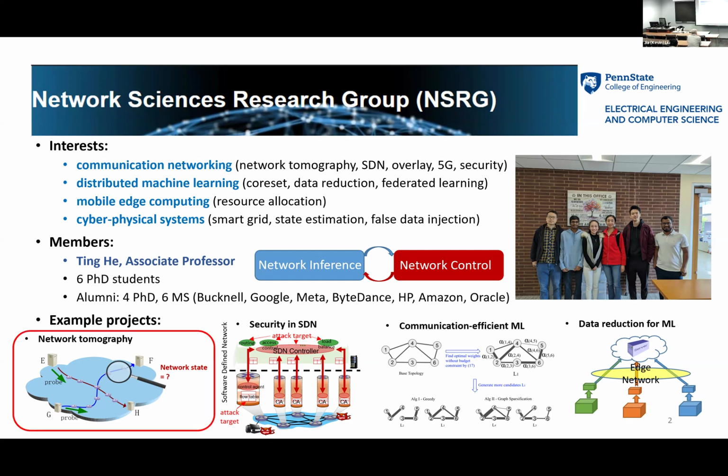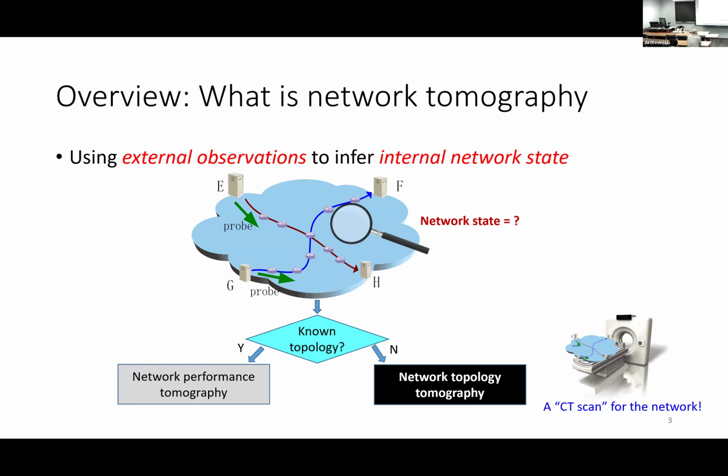As you can imagine, the reason that I call the talk CT scan for your network is because of the shared keyword tomography. What CT scan is trying to do is essentially you send penetrating waves, through ultrasound, etc., through this closed object that you want to monitor.